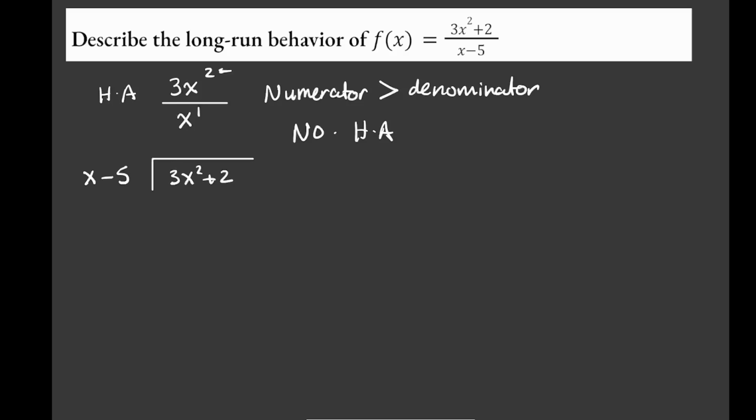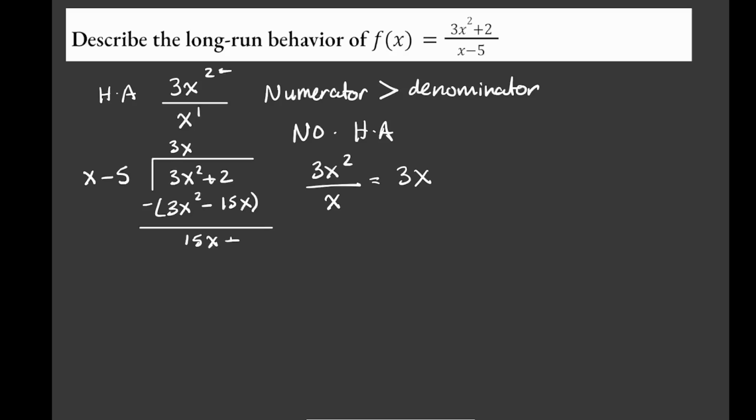So to get 3x squared, I take my first term from the inside divided by the leading term from the outside, and that gives you 3x. The 3x goes here. Multiply it by each term, I get 3x squared minus 15x, subtract, and now I get 15x plus 2. Now here I know it's a plus 15 by taking the leading term and dividing it by the leading term from the outside.